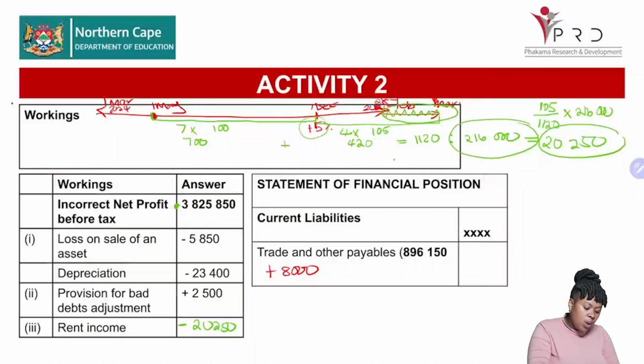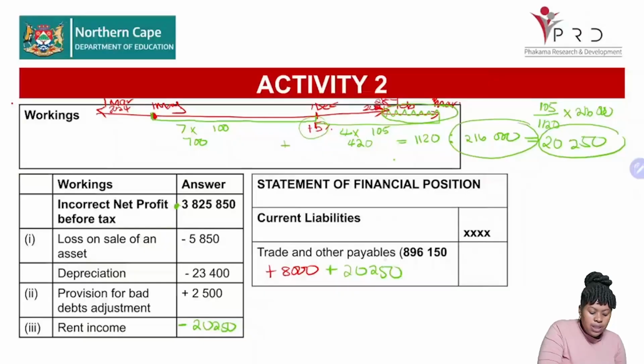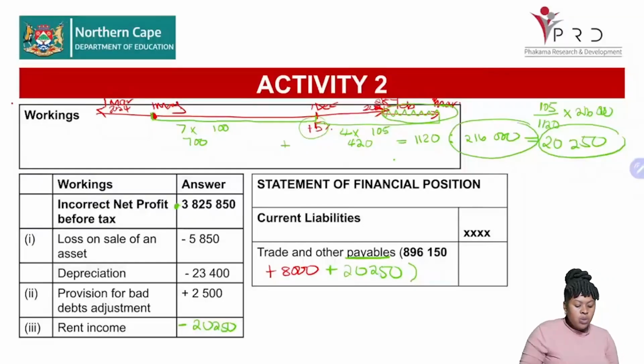Okay, so also that means that this is an income received in advance. It means that we have their money that they've paid, but we have not provided the service. So therefore, it's a liability on our part, okay? Or rather, we have money that we did not work for, 20,250. That is why I'm putting it at payables, okay? So then that is giving me the amounts over there.